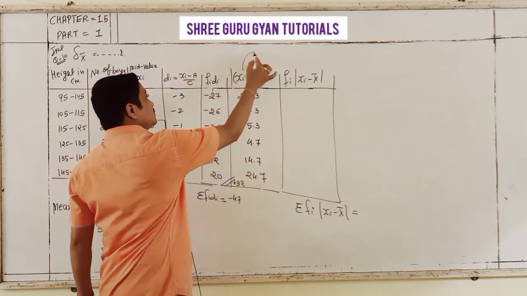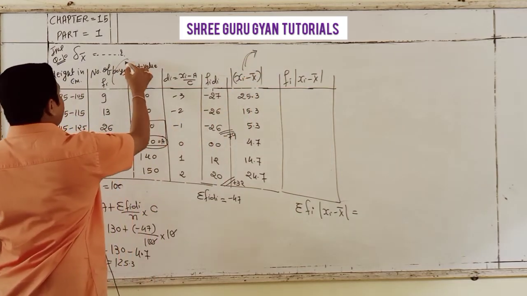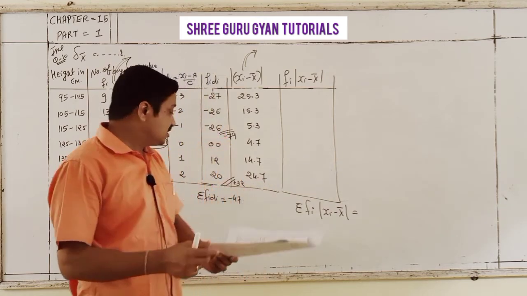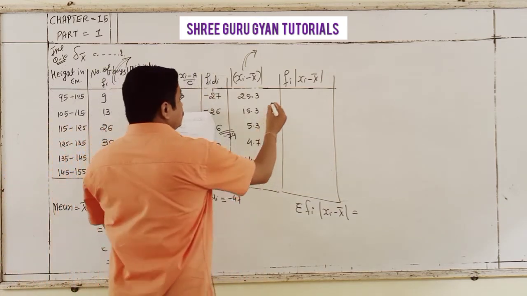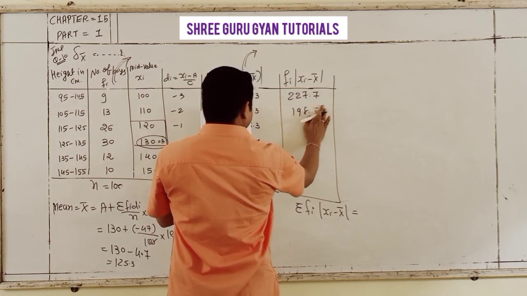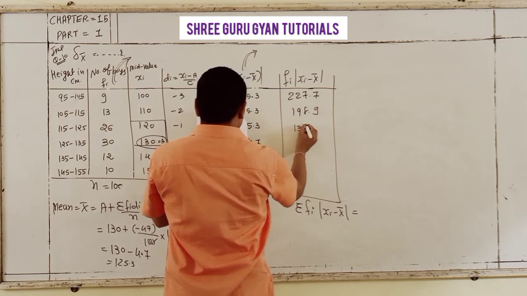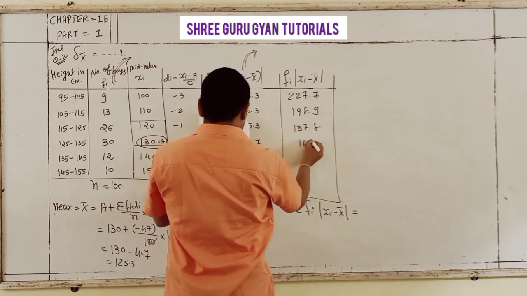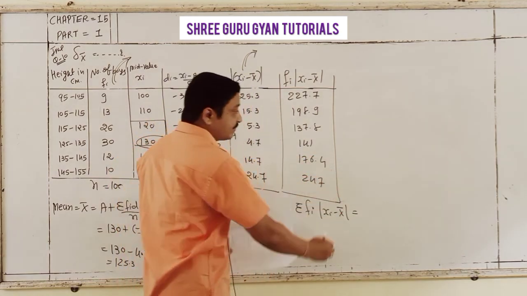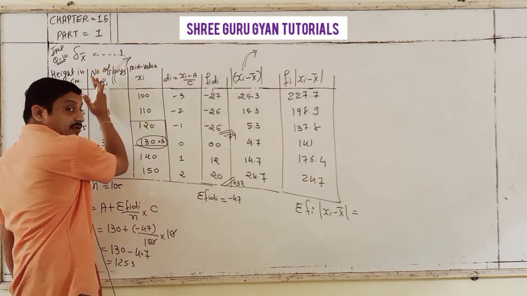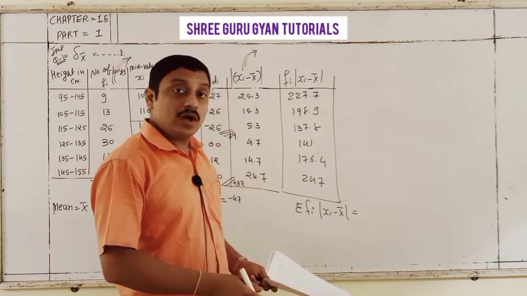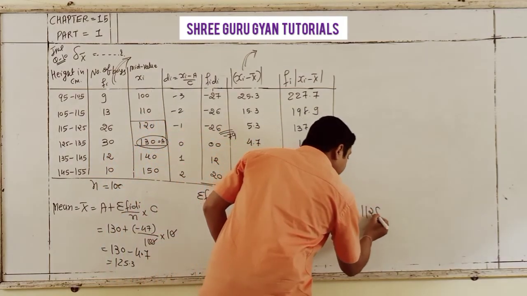Now these values are multiplied with fi. Using the calculator, students, I will find the product of this total data directly: 227.7, 198.9. Yes, the calculator is allowed. Then 141, 176.4, and at the end 247. This is the product of fi with these, and adding them the total is 1128.8.